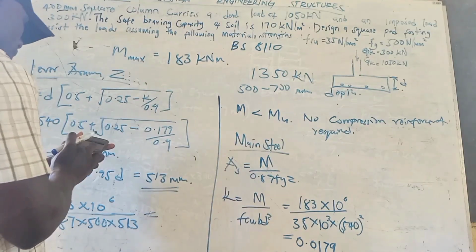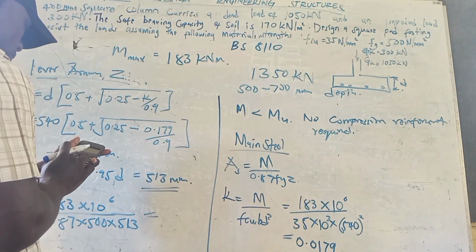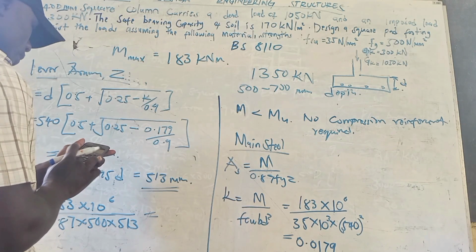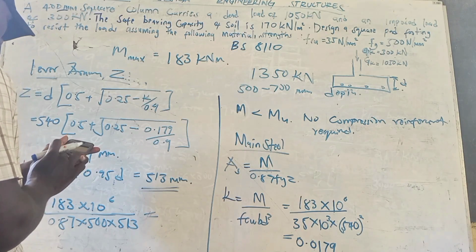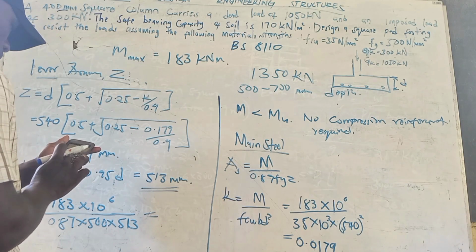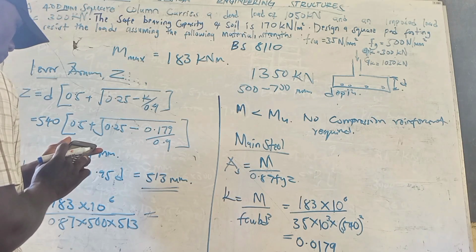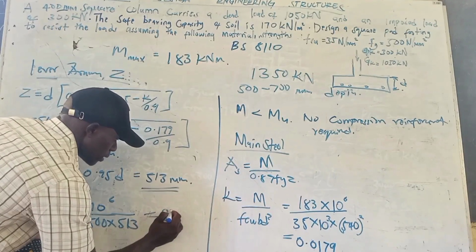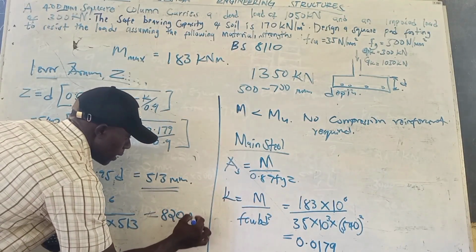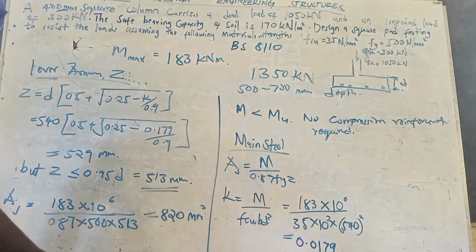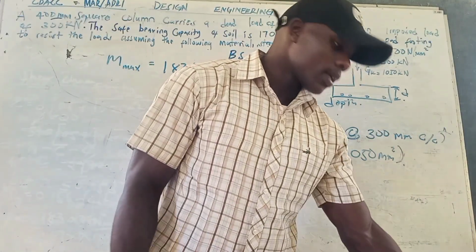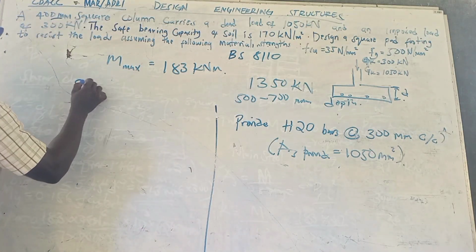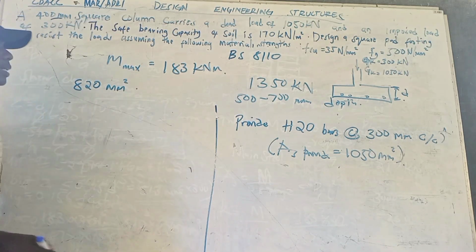Feed that into your calculator and you get a value close to 820 square millimeters. Working out our steel area and finding it to be 820 square millimeters.